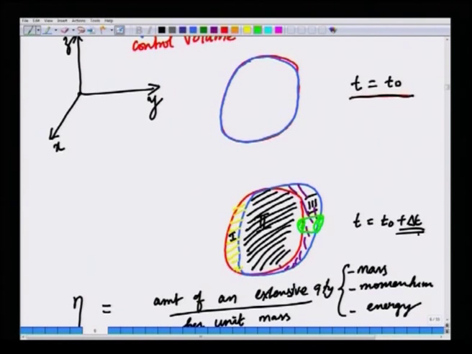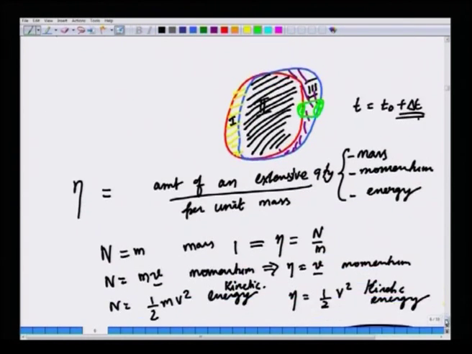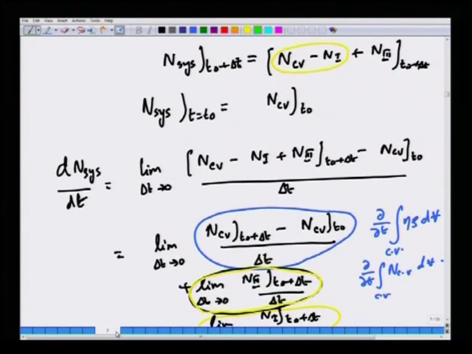Now, let us imagine that on such a surface, this is the control surface, a patch on the control surface in region 3, and on this control surface there is a particular velocity that is going to take it to some other location.